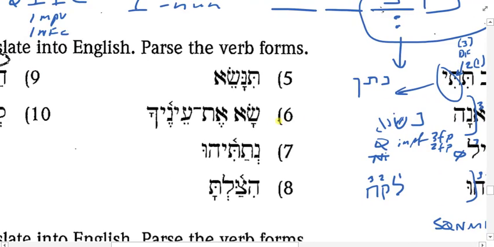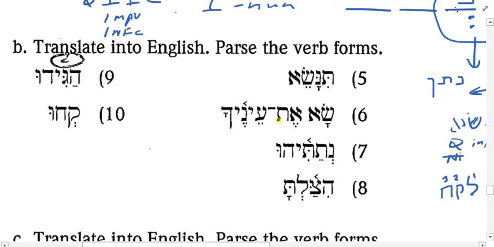Good. Let's look at number 5. We have tenase. Do we have 3 visible root letters here? Na, sa. Yeah, we actually have them all, don't we? And the tav prefix with no ending. What's that?